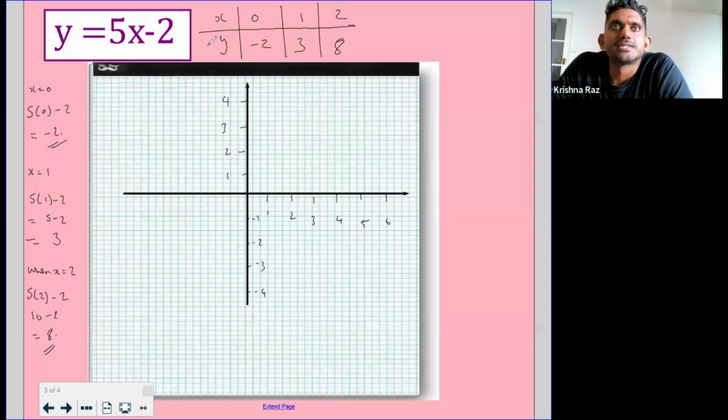So 0, -2 will be here. 1, 3 goes across 1, up 3, and across 2, up 8, which will be off the grid again. We only need 2 points. Job done. Line drawn.